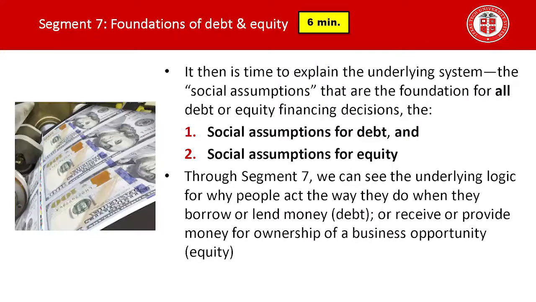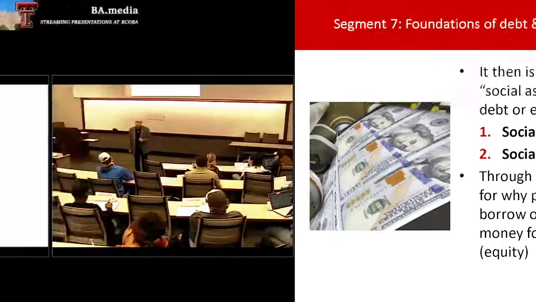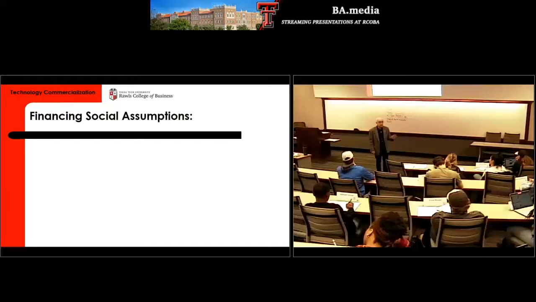In segment 7, it's then time to explain the underlying system, the social assumptions that are the foundation for all debt or equity financing decisions, the social assumptions for debt and the social assumptions for equity. Through segment 7, we can see the underlying logic for why people act the way they do when they borrow or lend money, which is debt, or receive or provide money for ownership of a business opportunity, which is equity finance. I told you there would be social assumptions.